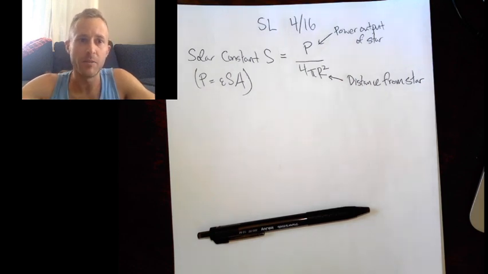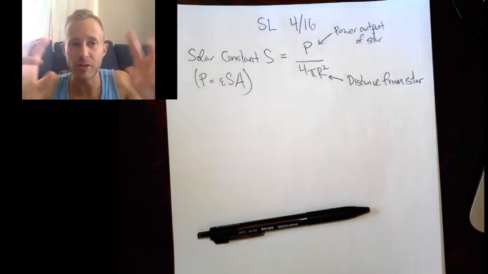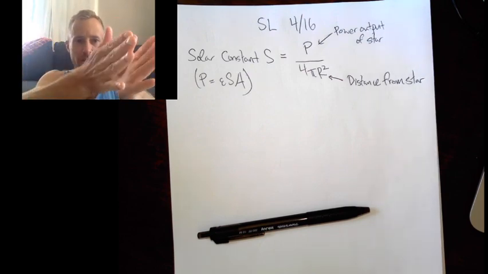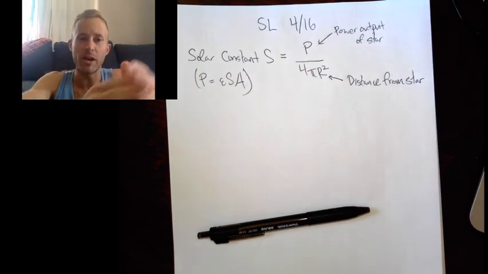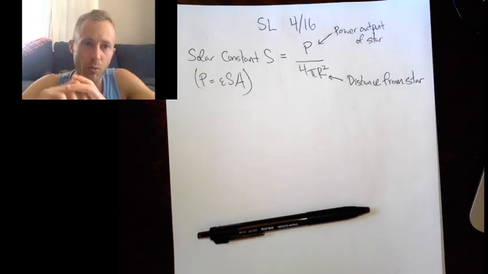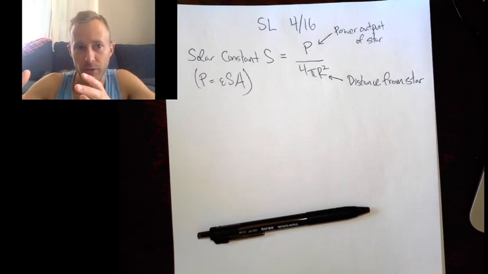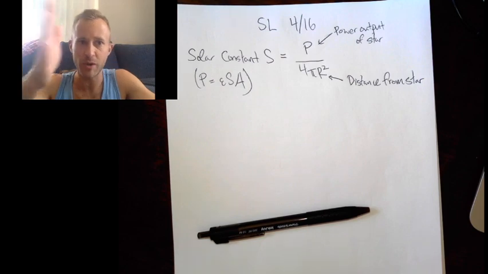So this defines what's called the green zone. You can hear conversations about the green zone around a star. The green zone is the range of distances away from a star where a planet can be and have liquid water on its surface.